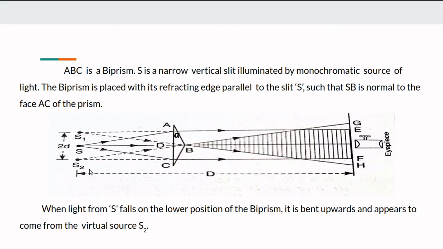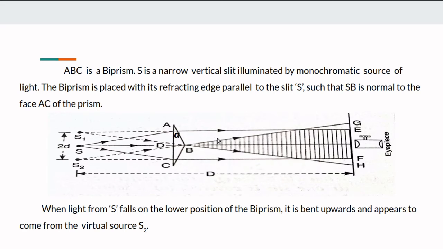Similarly, the rays which are incident on the upper portion of the prism, after refraction at this refracting surface, appear to bend downwards, and these downward refracted rays appear to come from the virtual source S1.